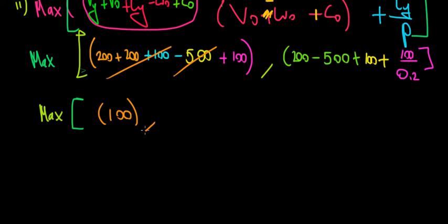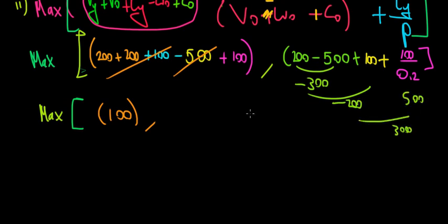So we have 100, or what is the other option? 200 minus 500, that's minus 300, plus 100, that's minus 200, and 100 divided by 0.2, that's 500, right? Yes, that's 500. And over here, one more time, this is minus 300, plus 100 is minus 200, plus 500, that's going to be equal to 300. So over here we have the 300.